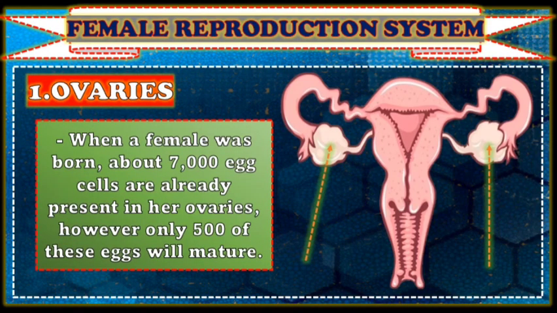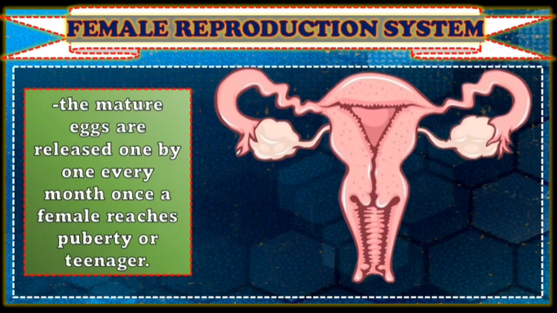Ovaries: when a female is born, about 7,000 egg cells are already present in her ovaries. However, only 500 of these eggs will mature. The mature eggs are released one by one every month once a female reaches puberty, or what you call teenager.